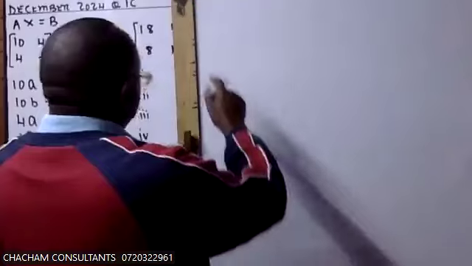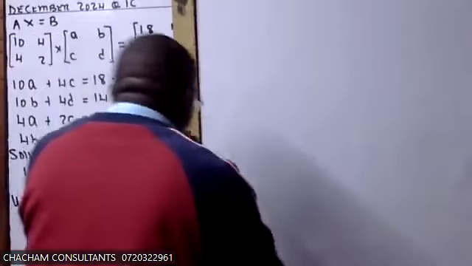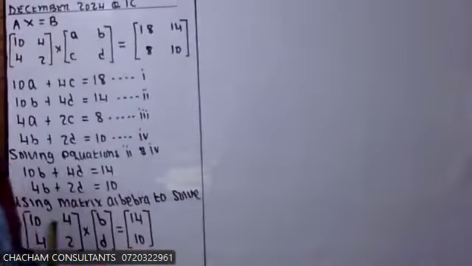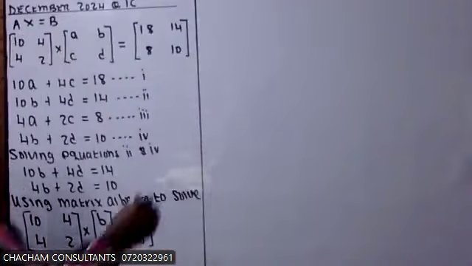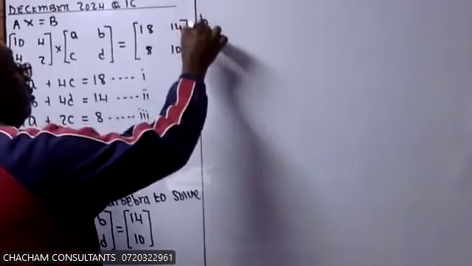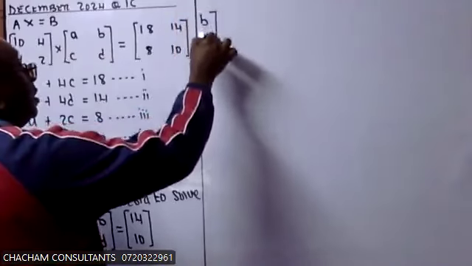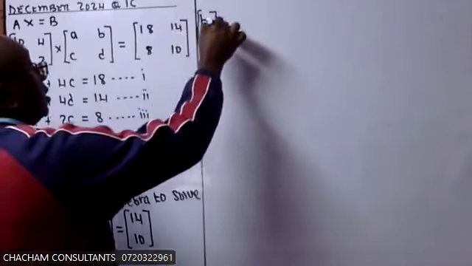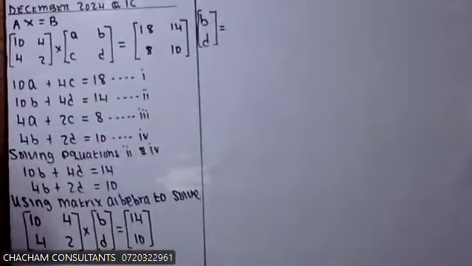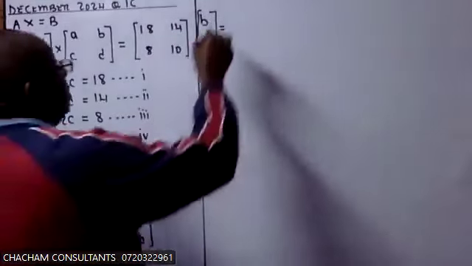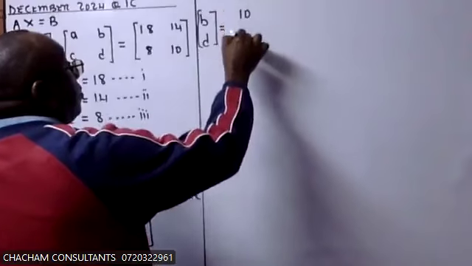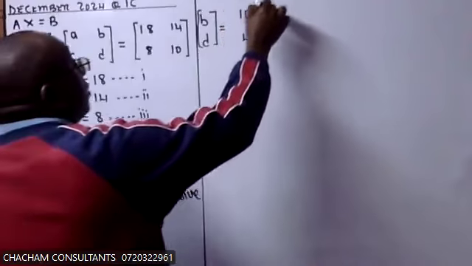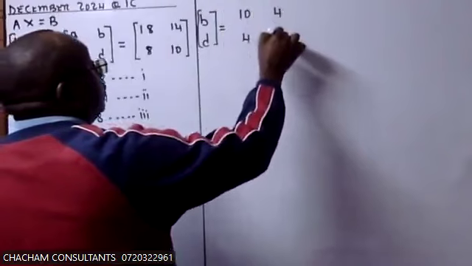So when you do that, tusema, this one comes here, BD on this side. Then you take this one, 10, 4, 4, 2.